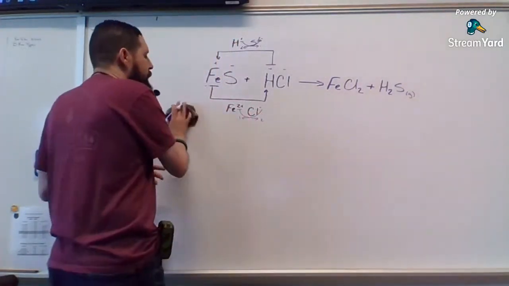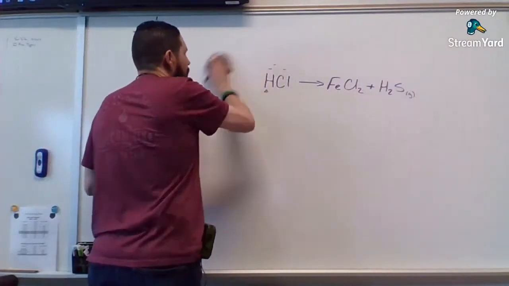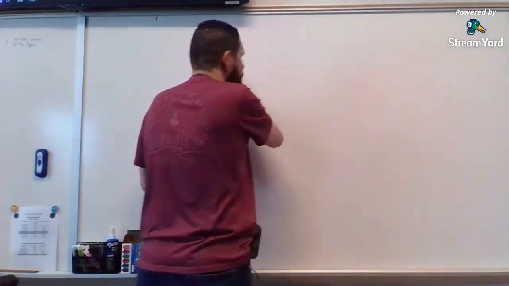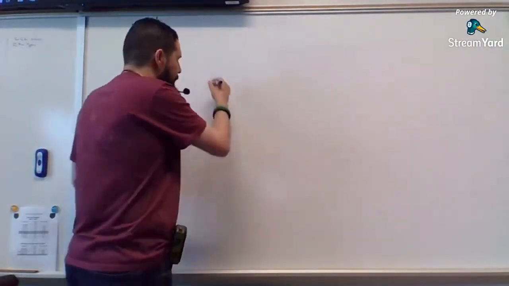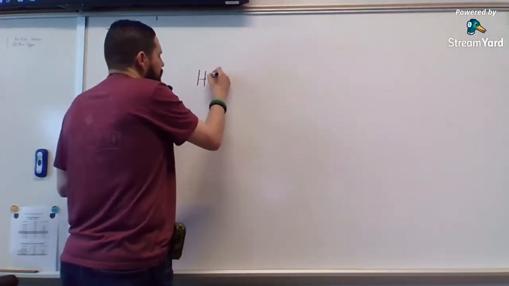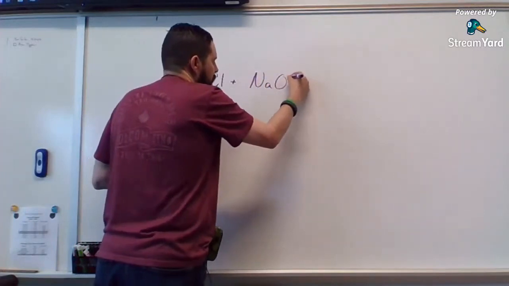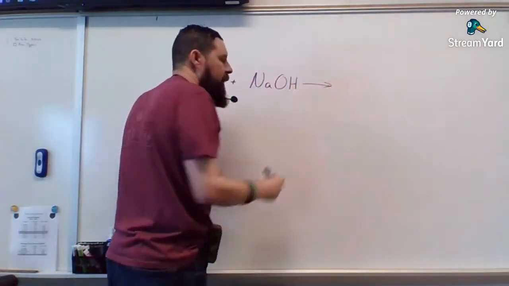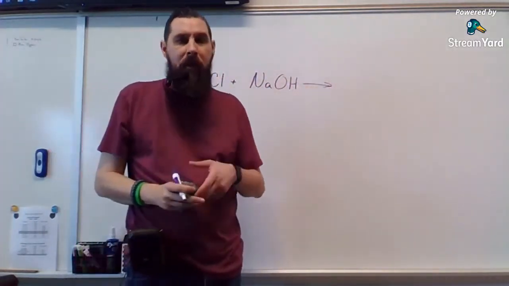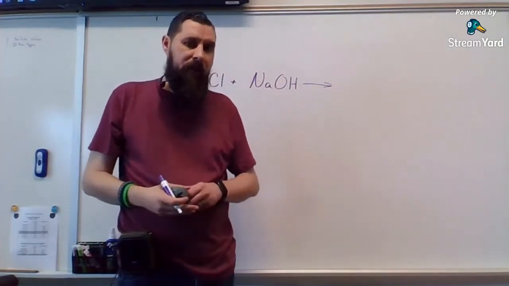So final example of a double displacement reaction. And this is where I'm going to take HCl, or hydrochloric acid, and react it with sodium hydroxide. This is actually not just a double displacement, but an acid-base reaction. Okay?